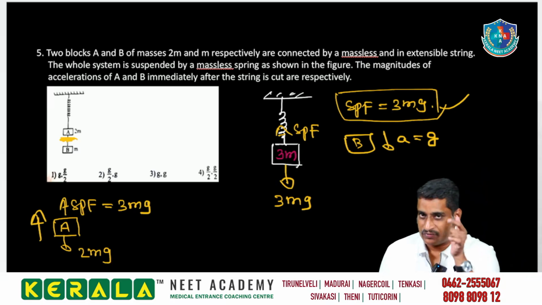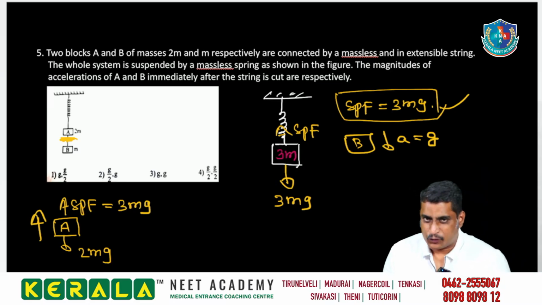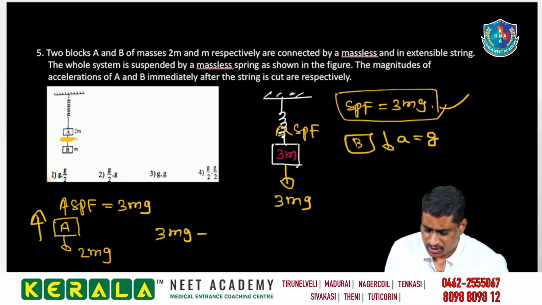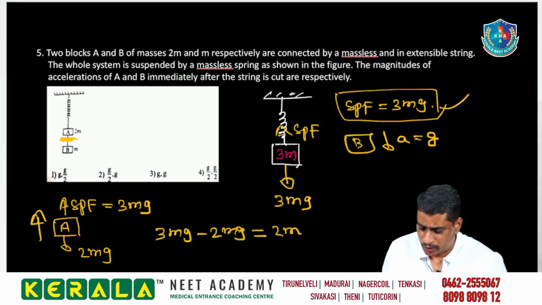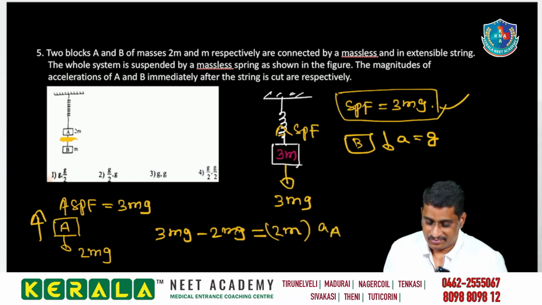The force equation of block A, according to Newton's second law: net force is 3mg minus 2mg, which equals the mass of block A, 2m, into the acceleration of block A. From this, the acceleration of block A comes out to be g by 2.